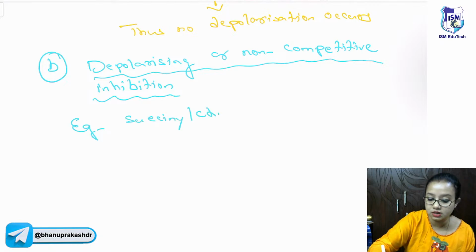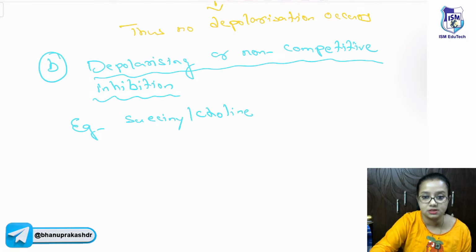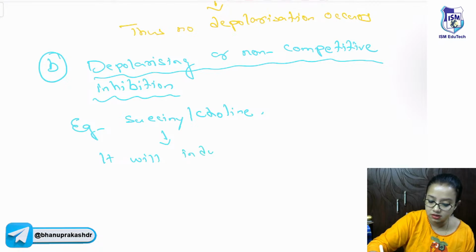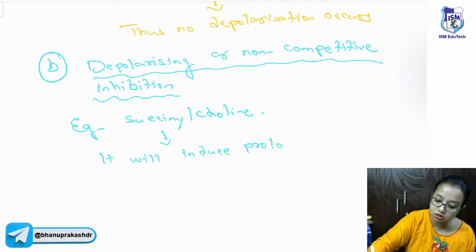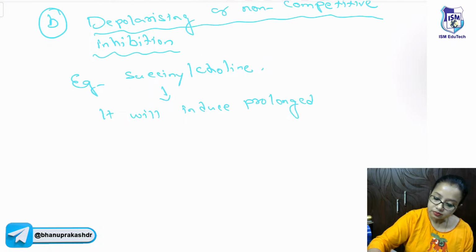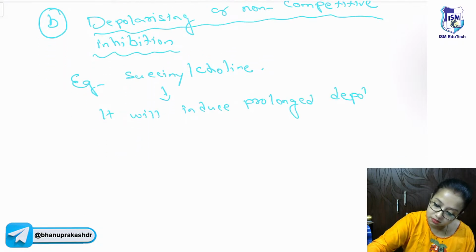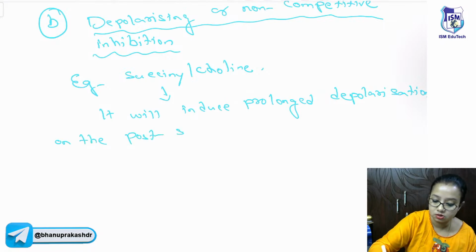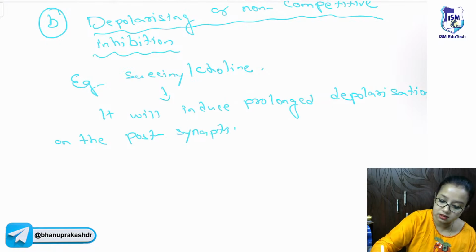So, for example, succinylcholine. Succinylcholine is very much the same as acetylcholine. So, what will it do? It will induce prolonged depolarization on the postsynaptic membrane.